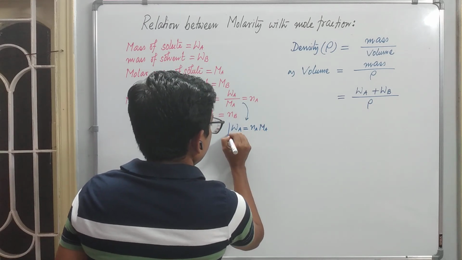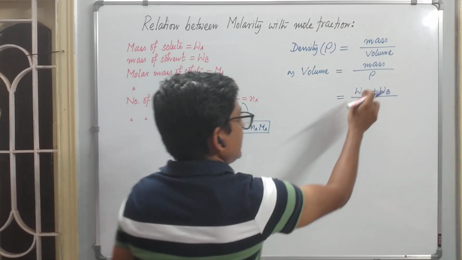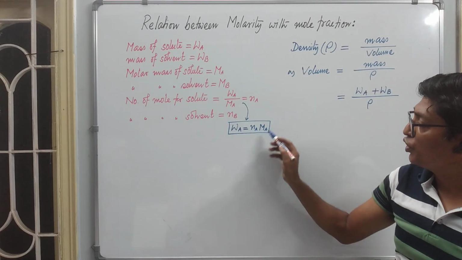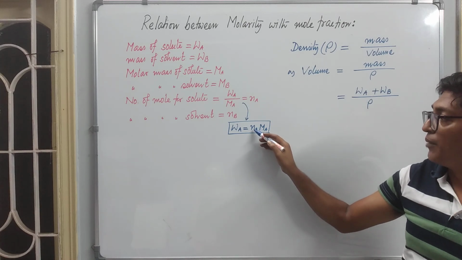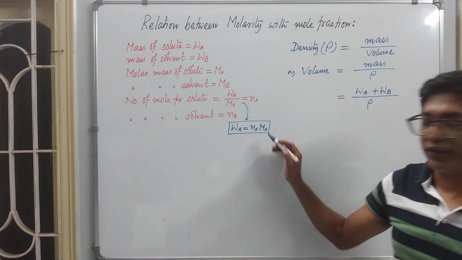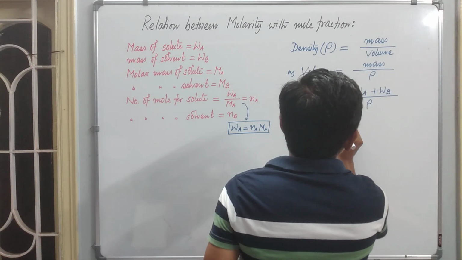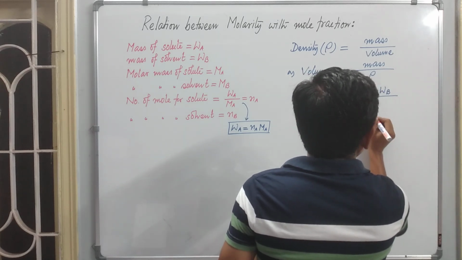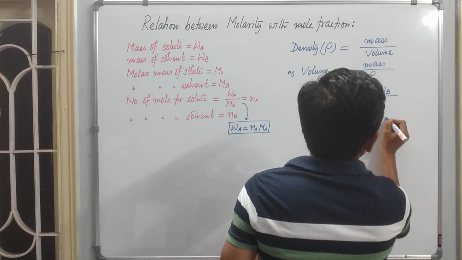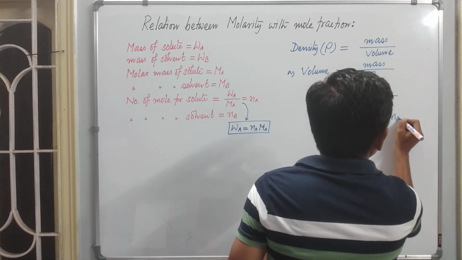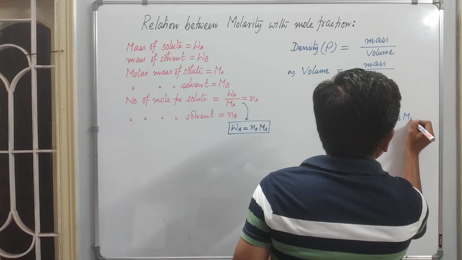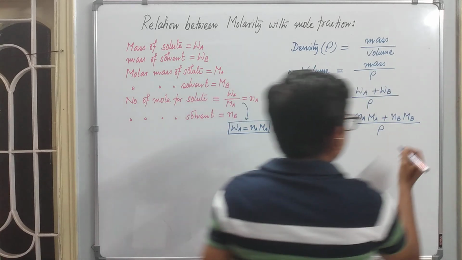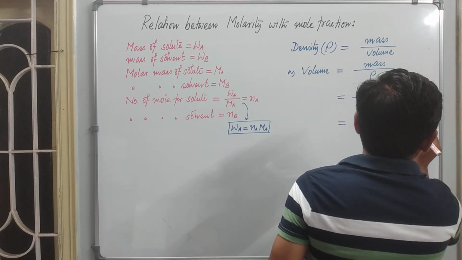So instead of writing the mass as WA and WB, I am going to use the number of moles into molar mass. If I make the change, it will become nA into MA for the solute plus nB into molar mass of B. Let me number this as 1.